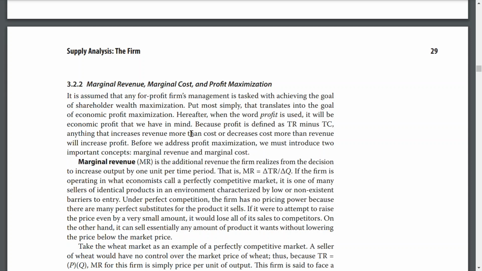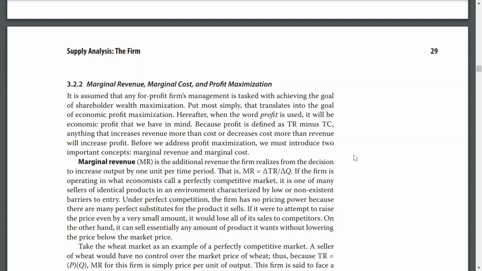Before we address profit maximization, we must introduce two important concepts, marginal revenue and marginal cost. Marginal revenue, or MR, is the additional revenue the firm realizes from the decision to increase output by 1 unit per time period. That is, marginal revenue equals the change in total revenue divided by the change in quantity.